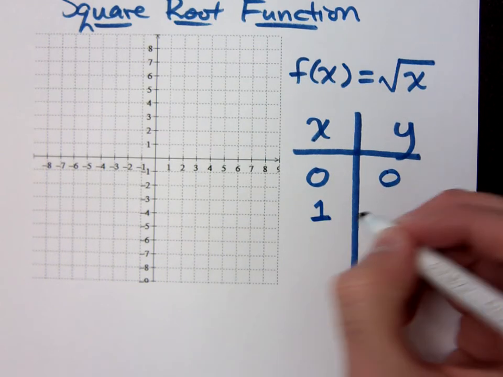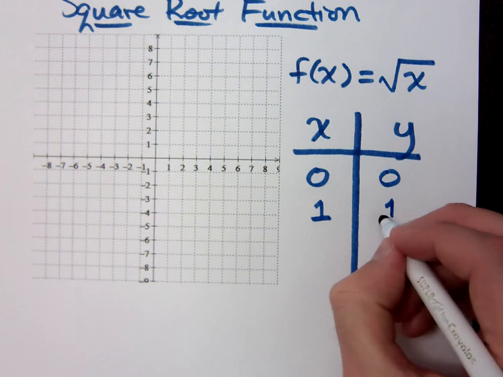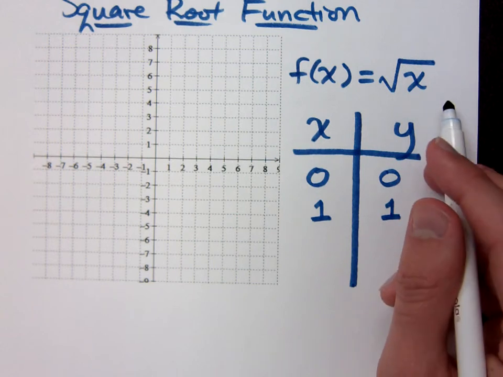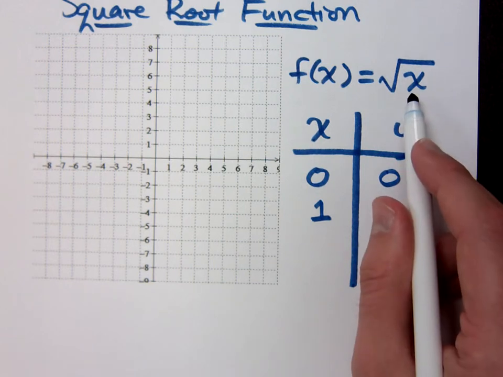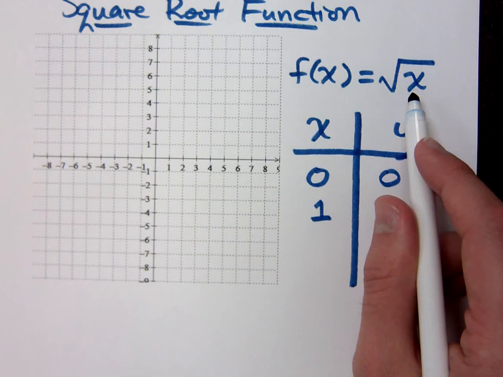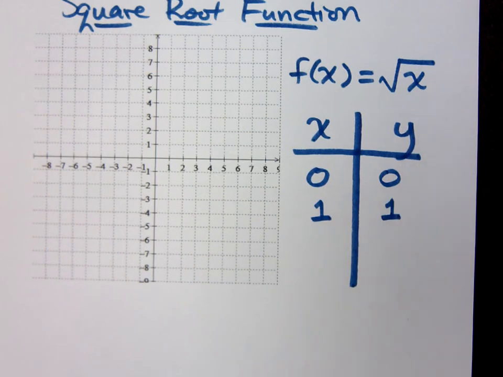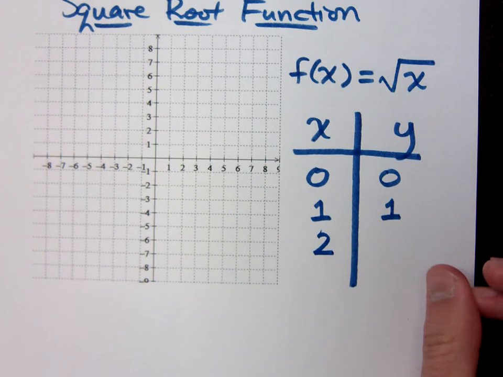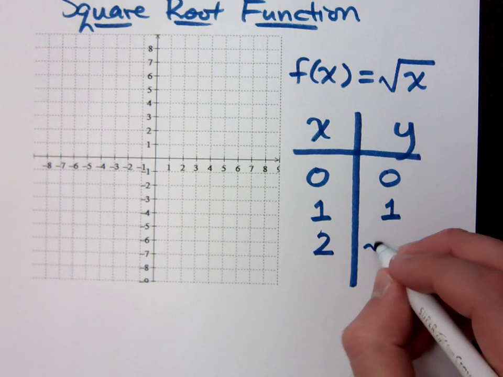What's the square root of 1? Am I going to plug in the square root of negative 1? If I plug in negative 1, I get something that is what? Complex. I don't want that. What's the square root of 2?